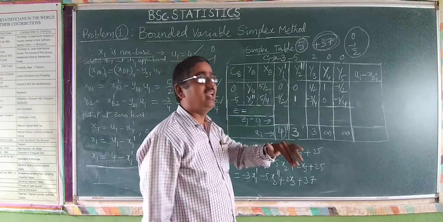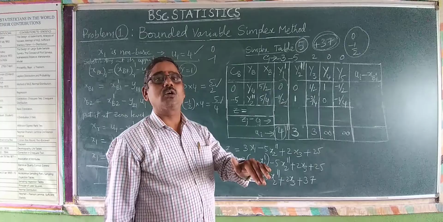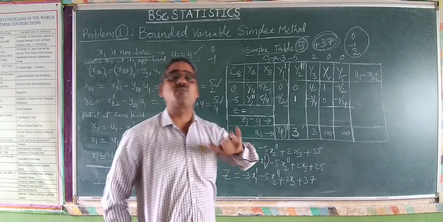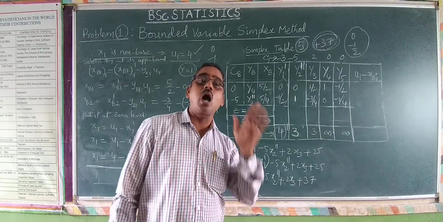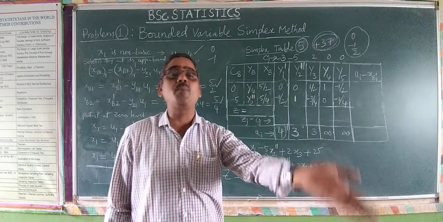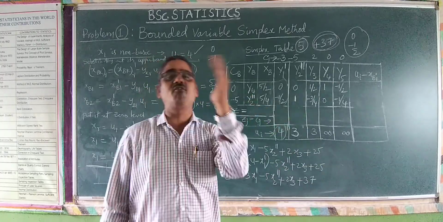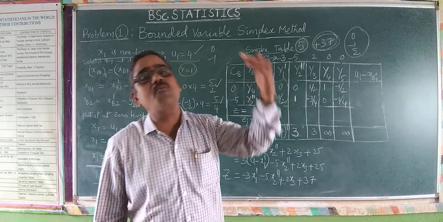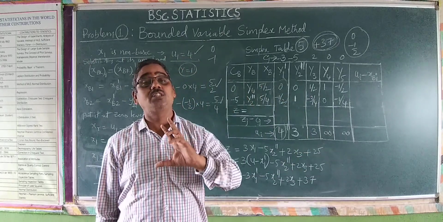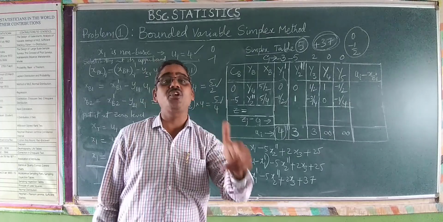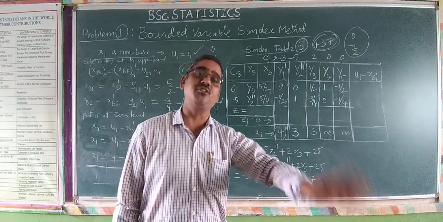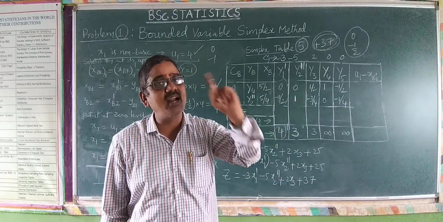So similarly, all the coefficients of x1 dash in the constants again have to be changed by multiplying by minus. If you have plus, it becomes minus. If you have minus, it becomes plus. Like that, the sign of the coefficients in the constants is going to be changed. That is what I explained previously.